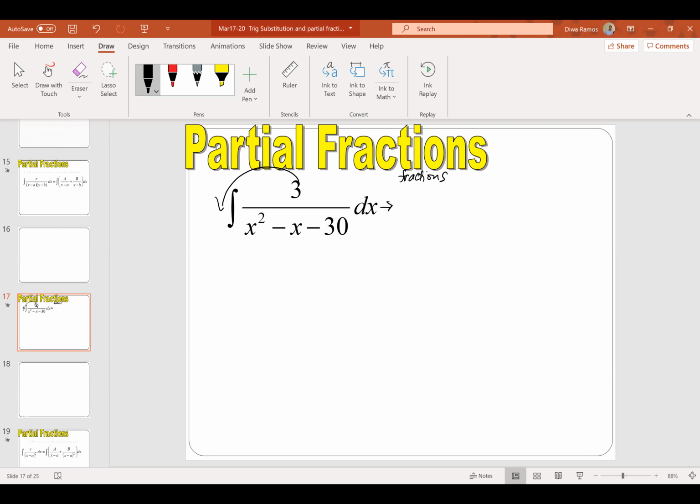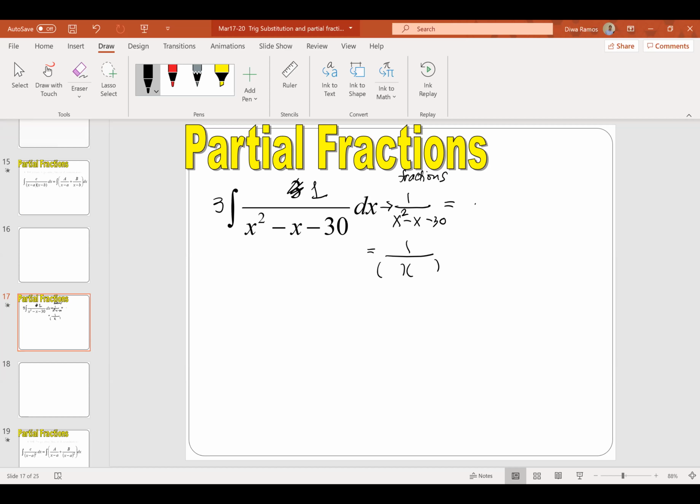Okay. So if we do that, we put the 3 here. This is just 1. We want the 1 over x squared minus x minus 30 to split into, well, before we do that, let's just break it down first into its factors.